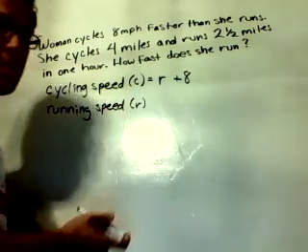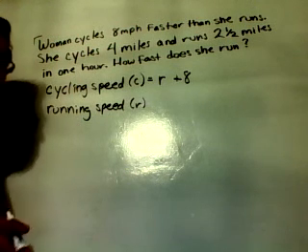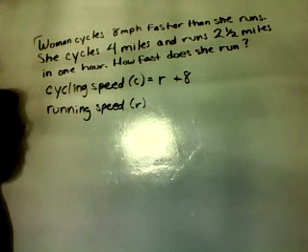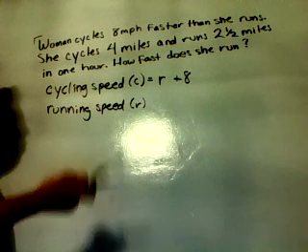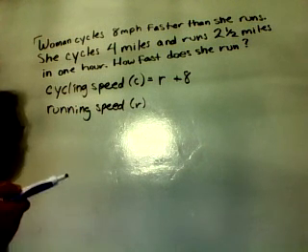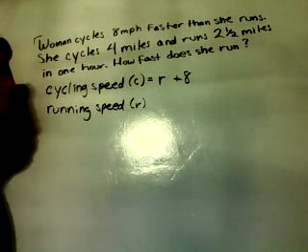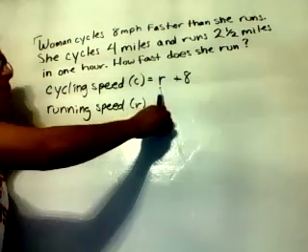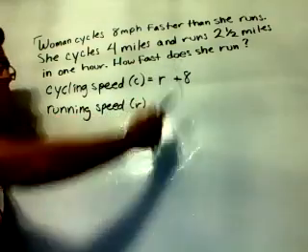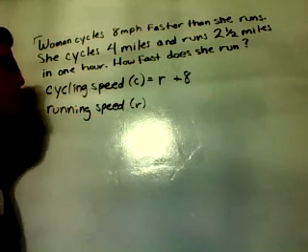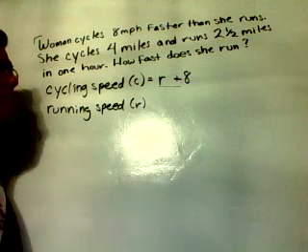So it says that she cycles 8 miles per hour faster than she runs. The example that we worked on was if she runs 2 miles an hour, then she cycles 10 miles an hour. Or if she runs 4 miles an hour, then she cycles 12 miles an hour. So this is the correct equation.